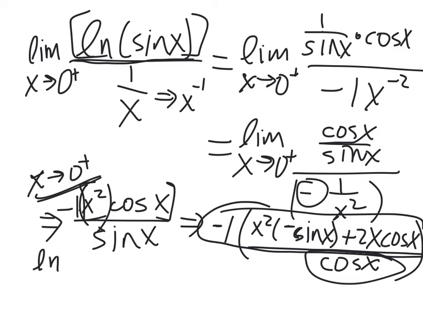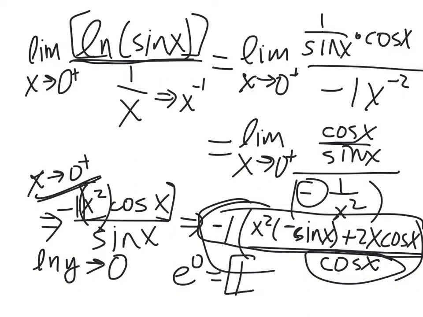Now, what I did, changing it to natural log of y, is saying natural log of y approaches 0 as x approaches 0. Or what we would see with Professor Berger, he'd have e raised to all of this. So he'd automatically go to e to the 0, which is 1. 1 is your answer.